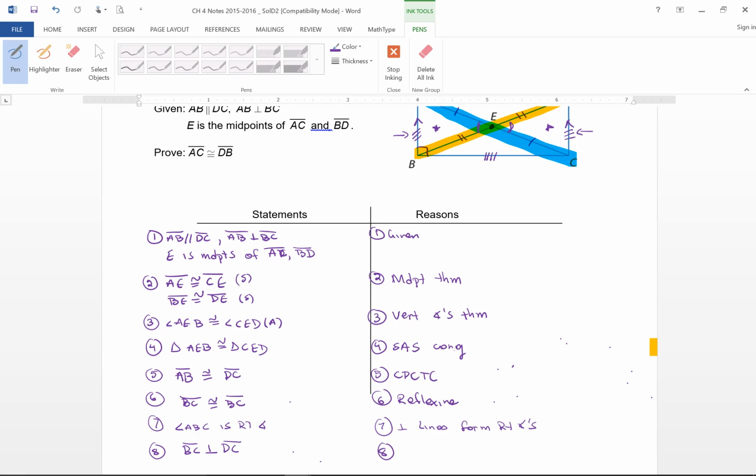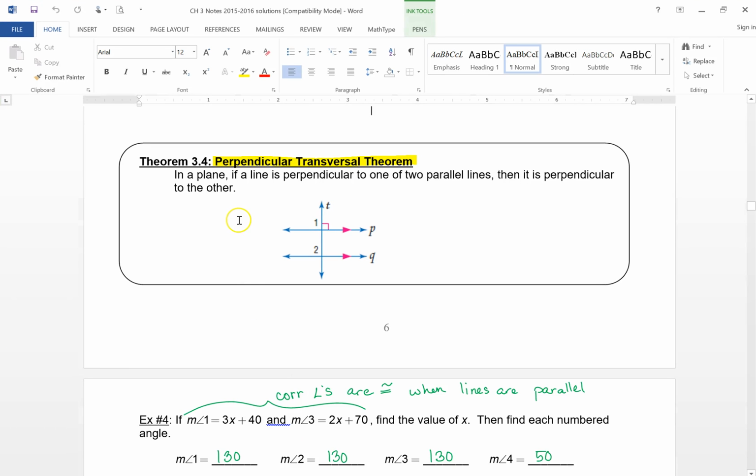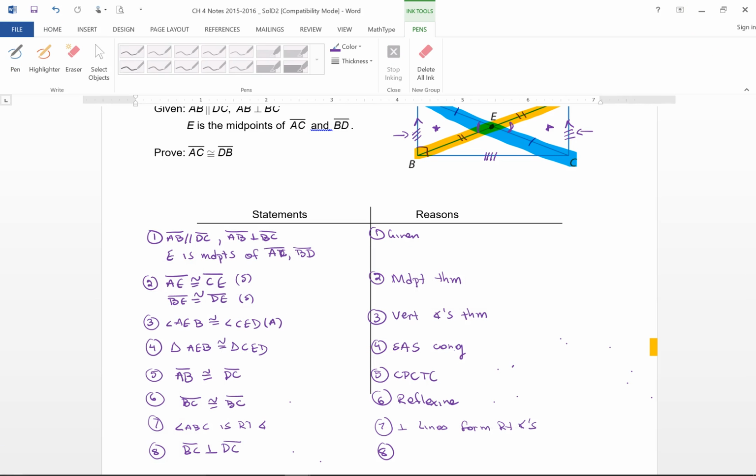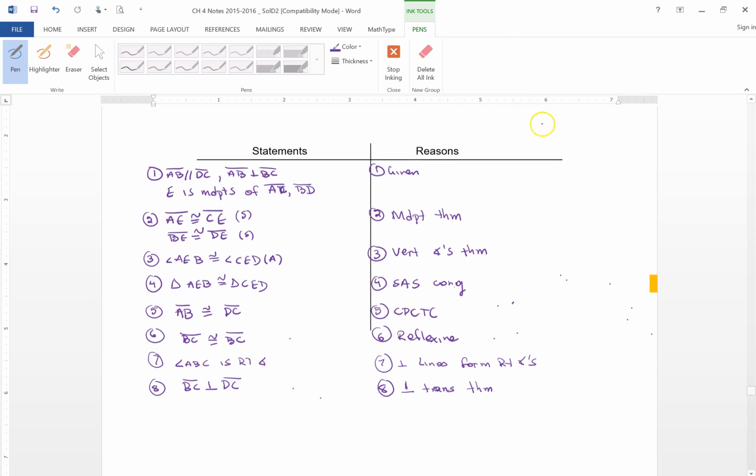And this one, I have the theorem here from the last packet. It's the perpendicular transversal theorem. Now, if it's perpendicular there, then what do I know about that angle? It's also 90.